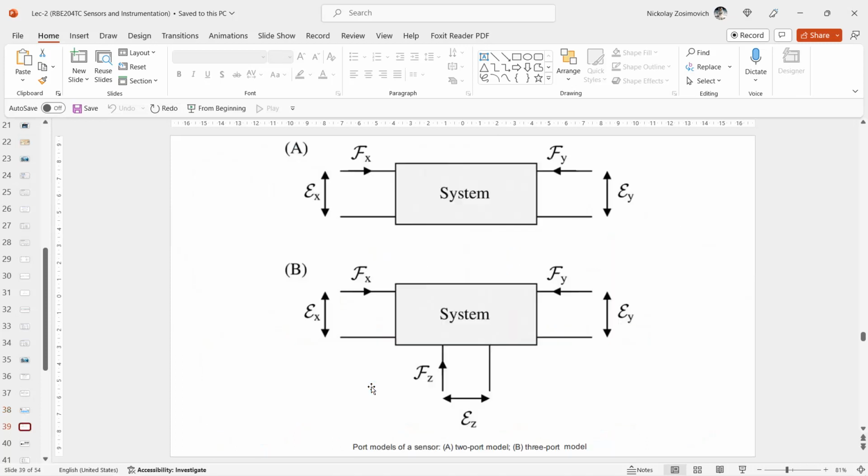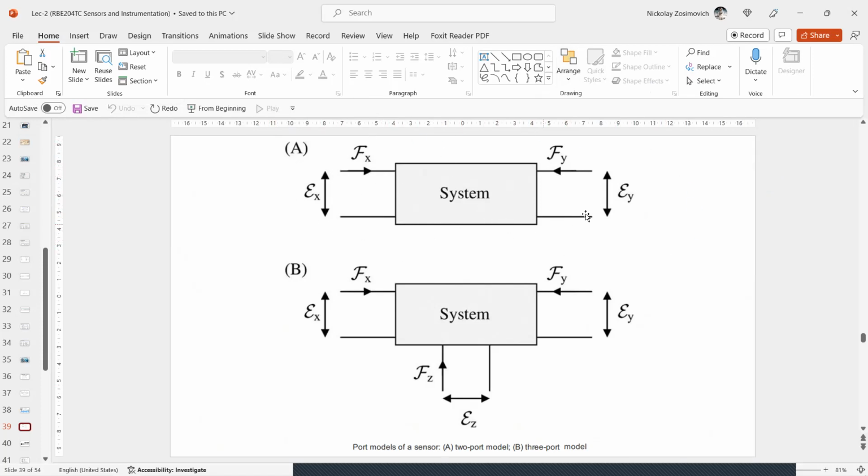Nice. Let's go. Energy, and thus information, enters or leaves the system through a pair of terminals, making up a port. We distinguish input ports, usually on the left side, and output ports, usually on the right side. A direct sensor can be described by a two-port model or port-terminal model.